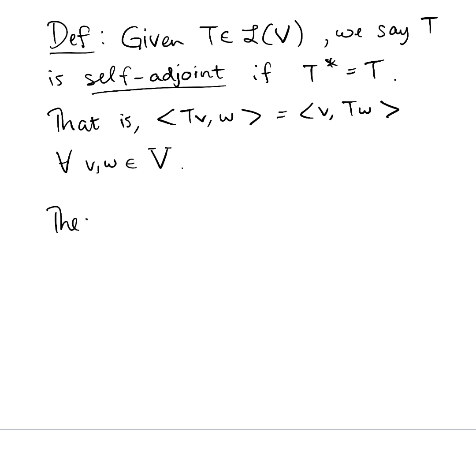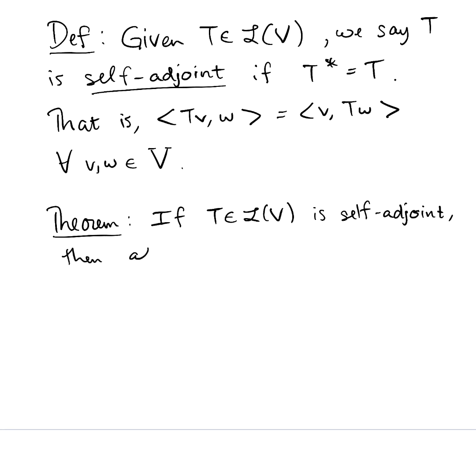Theorem. If T, a linear operator on an inner product space V, is self-adjoint, then all eigenvalues of T are real.